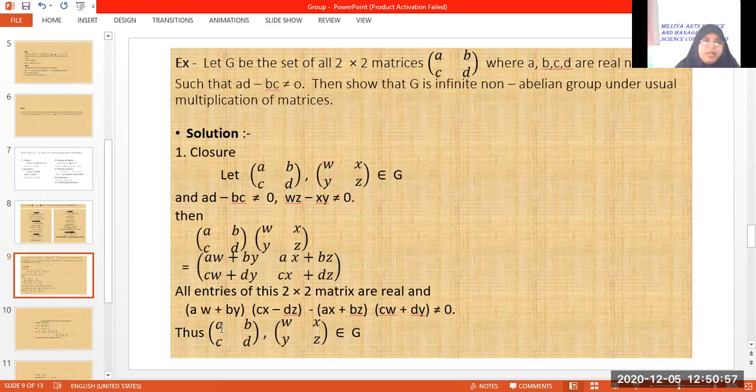Therefore, these two elements belong to G.